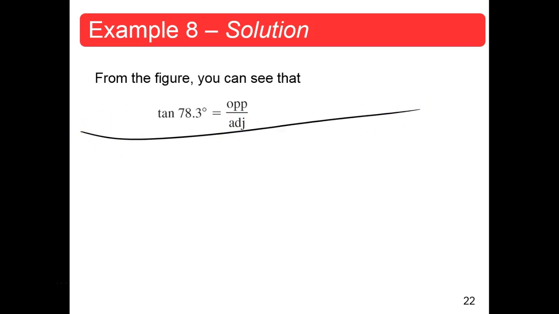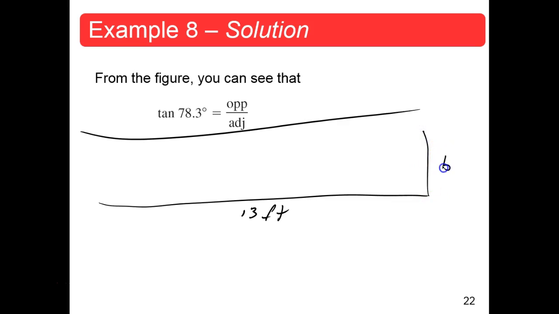Okay. Find the length C and the height B of the skateboard ramp below. So this time they're looking for two pieces of information. Here's our skateboard ramp. It's a 13-foot run with a B rise.